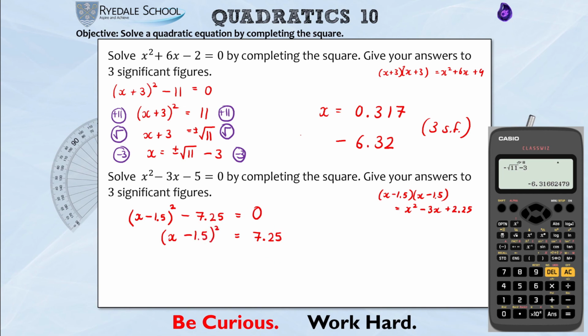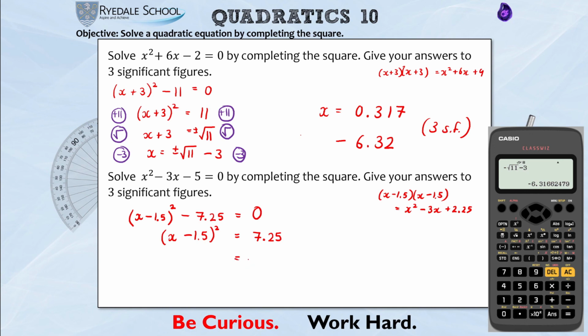And I will let you in on a little hint today. If this number here, when you have done your rearrangement and you're about to do the square root, is negative, you have gone wrong today. I don't know if you've ever tried doing the square root of a negative number on your calculator, but your calculator will give you a mathematical error. So for the time being, if you get a negative number there, you have gone wrong.